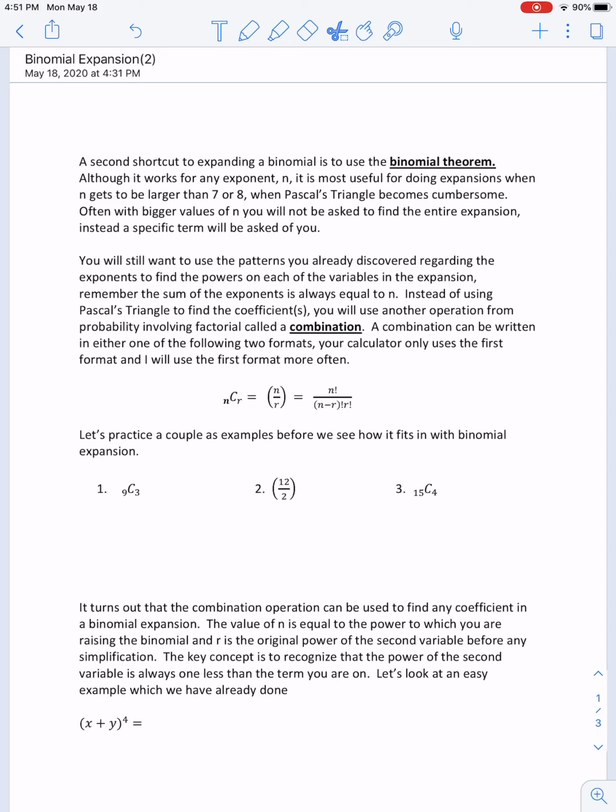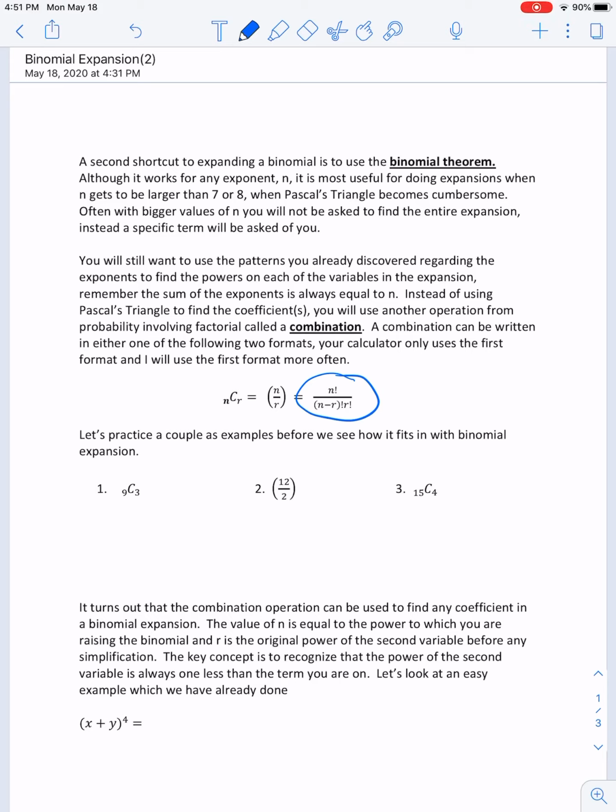That's how your calculator will have it, and that's how I'll try to write it more often than not on tests and quizzes. It also can be put as a fraction inside of parentheses, n over r. And what they both equal is this formula right here, where you do n factorial over n minus r factorial times r factorial.